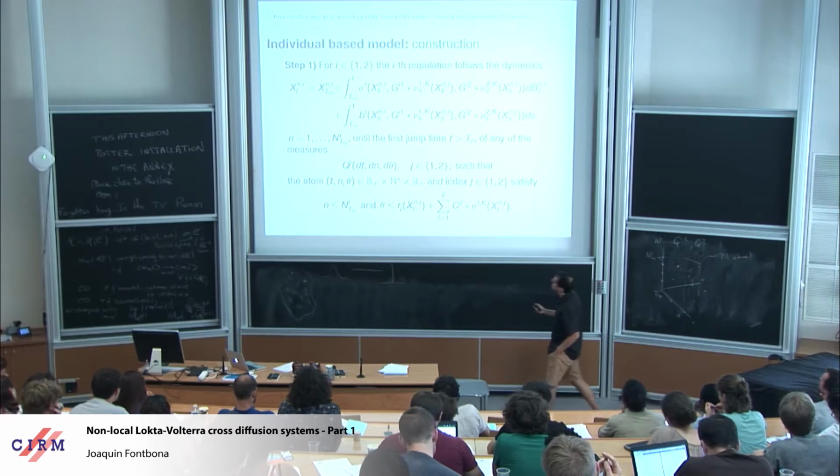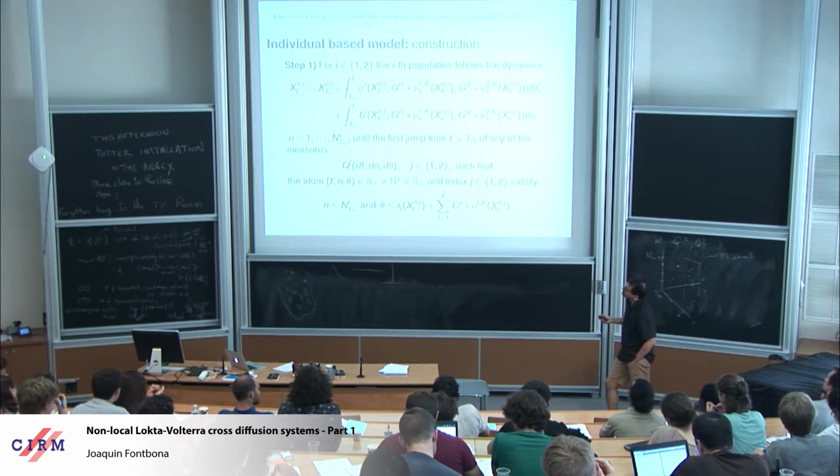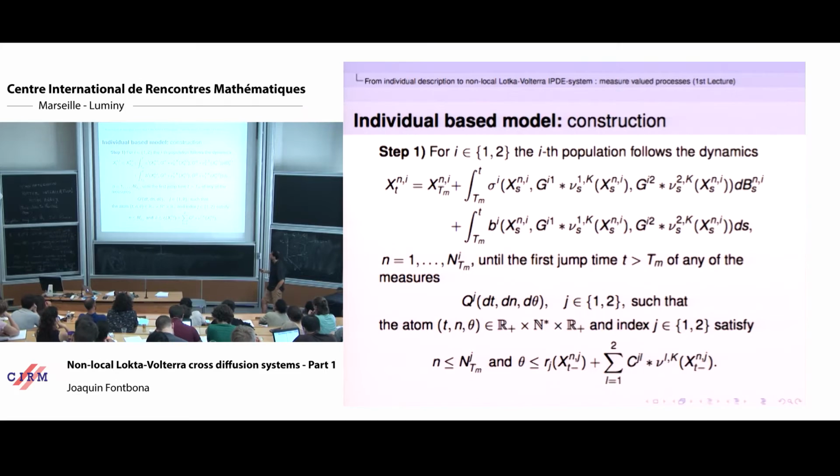So the measure gives me, according to what measure has the atom, the population which is having this demographic event. This coordinate tells me at what moment that happens. This n tells me which individual of the population, on which individual my demographic event occurs. And this theta will be used to say what is happening. Okay?